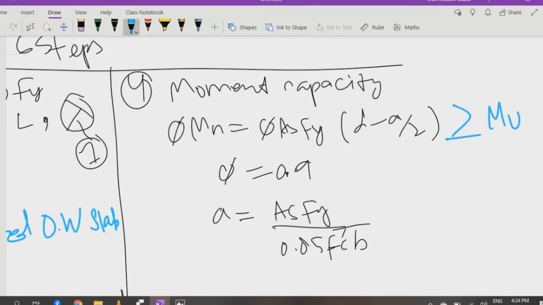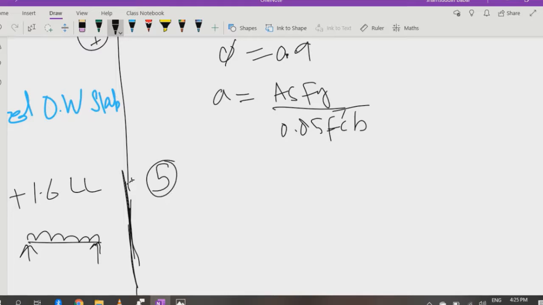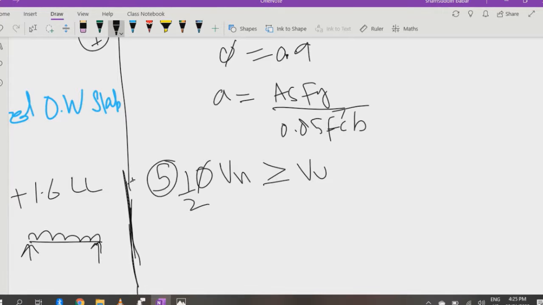Okay, now the fifth step is checking the adequacy in shear. We need to find phi Vn, and that should be greater than or equal to Vu, and half phi Vn should be greater than or equal to Vu.